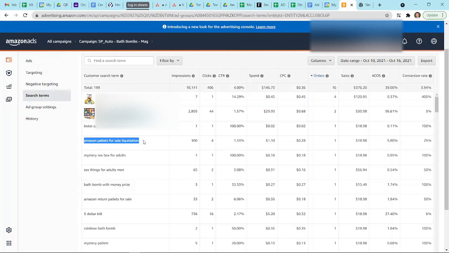That's a really long tail, non-intuitive keyword, right? And so that's the value of auto campaigns, really, is they're going to clue you into targets that might not be intuitive, but 300 impressions, 4 clicks, and 1 order, that might be something I want to pull out and use later, right?